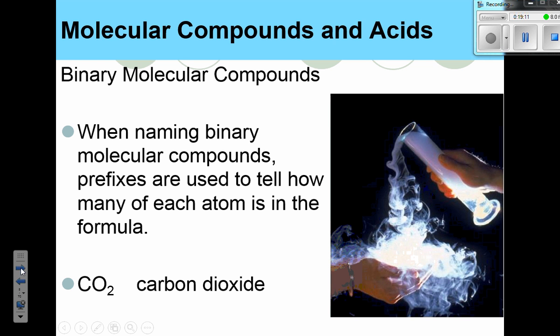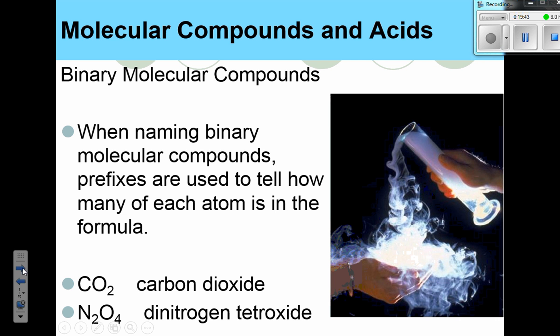I'm going to show you some others, so they're all a little different. This element is nitrogen. How many are there? 2. So this is dinitrogen. And then how many oxygens are here? 4. What do you suppose the prefix is for 4? Tetra. Anybody played the old school video game Tetris?